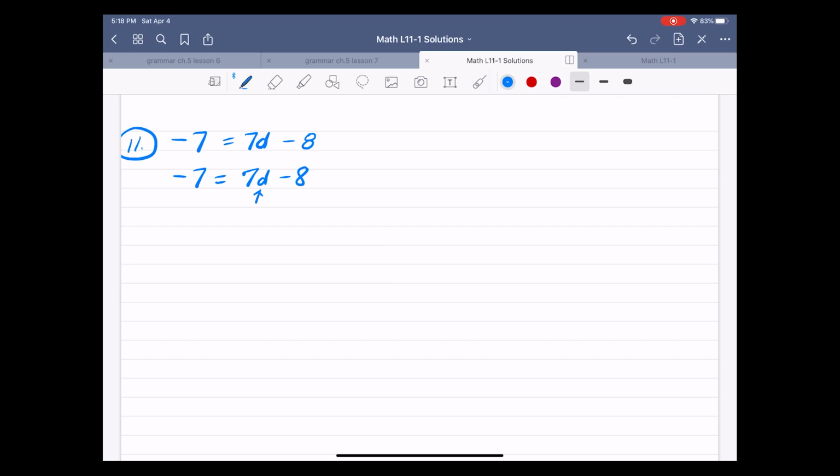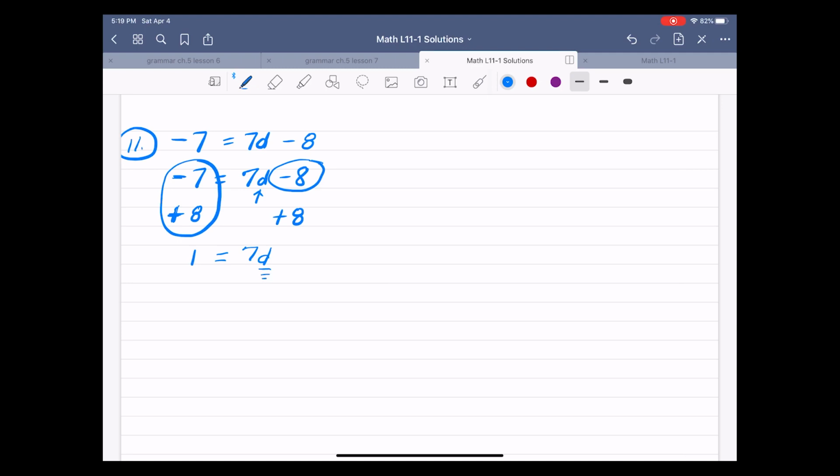We're going to look at the stuff that's not so close right now, which is the -8. What's the inverse of -8? It's +8. If we add 8 to the right, we have to add 8 to the left. What is the difference between 7 and 8? It's 1. And the sign of the number that appears to be larger is positive. So our answer is 1 equals 7d.